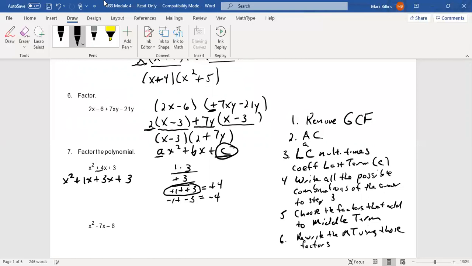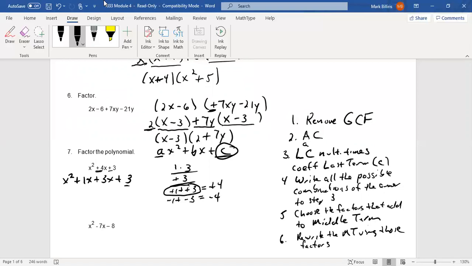Notice my x squared stays the same and my plus 3 stays the same. All I've done is rewritten positive 4x as 1x plus 3x. I chose those because that met the criteria. In other words, positive 1 times positive 3 gives me positive 3. And positive 1 plus 3 gives me the positive 4.